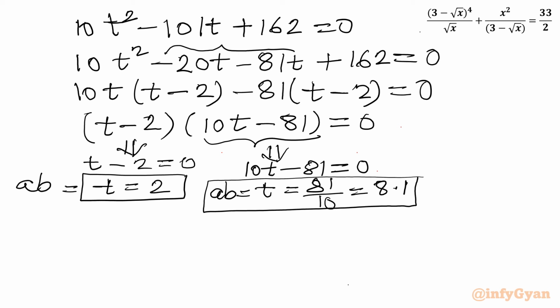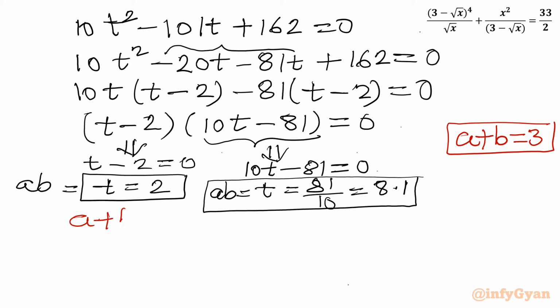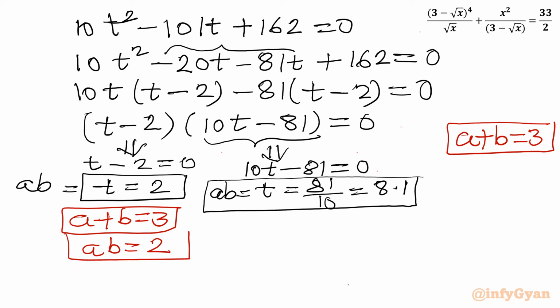Now our equation number 1 was A plus B equal to 3. So I can write immediately here A plus B equal to 3, and the second equation of AB, it is 2. This is one system.